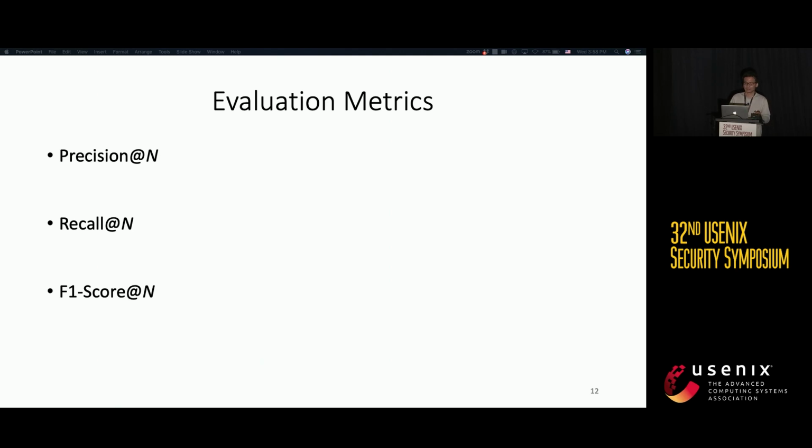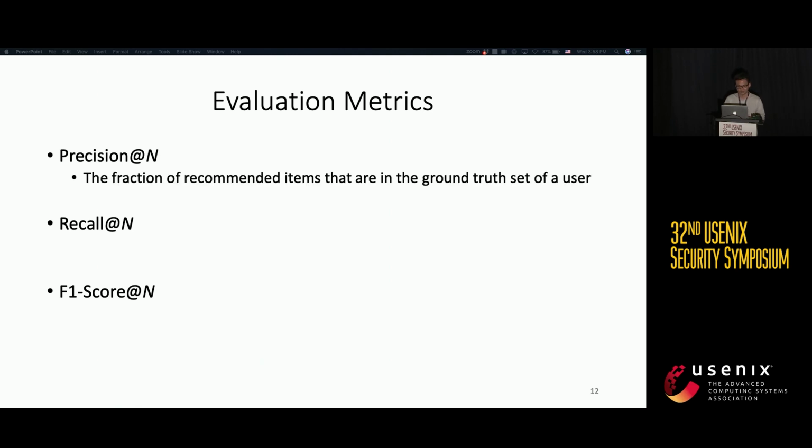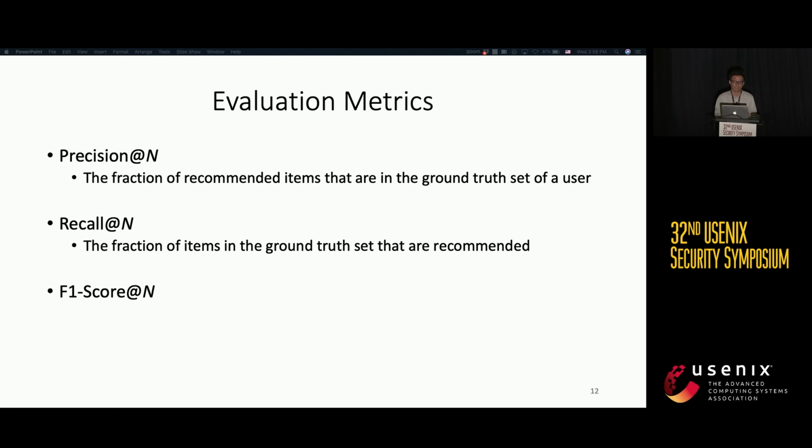Without data poisoning attacks, precision at N, recall at N, and F1 score at N are standard metrics to evaluate recommender systems. Precision at N means the fraction of recommended items that are in the ground truth set of a user. And recall at N means the fraction of items in the ground truth set that are recommended. And F1 score measures their trade-off. However, those metrics are insufficient for data poisoning attacks because they could be different for different data poisoning attacks.